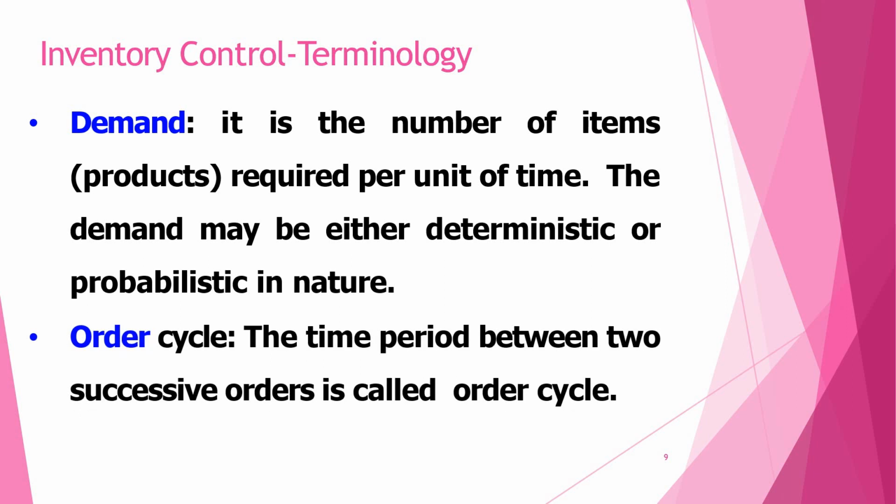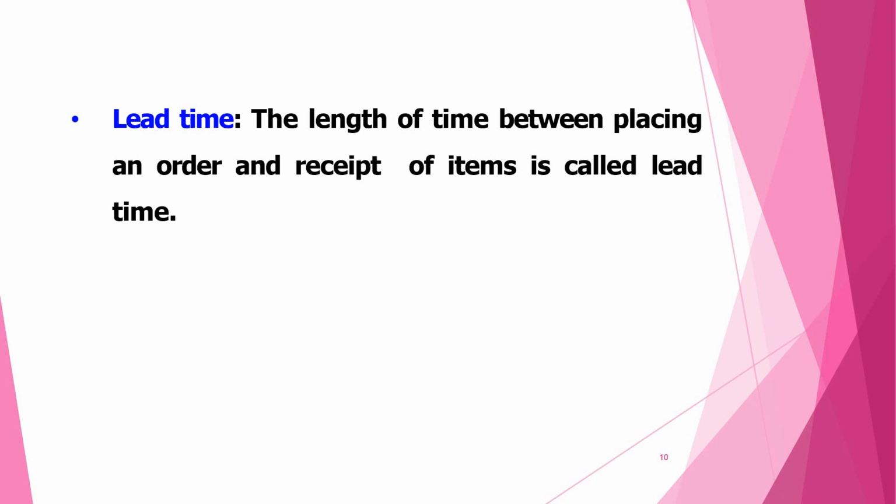Next is order cycle. The time period between two successive orders is called the order cycle. The length of time between placing an order and receipt of items is called lead time.